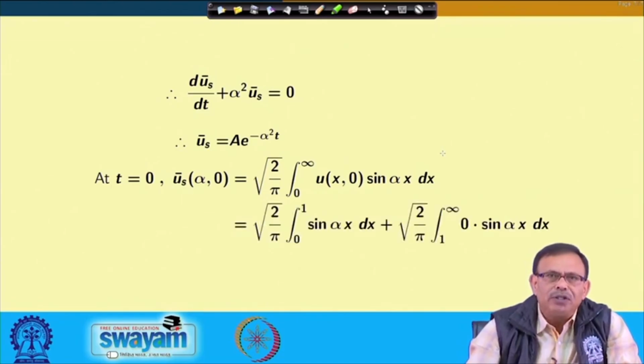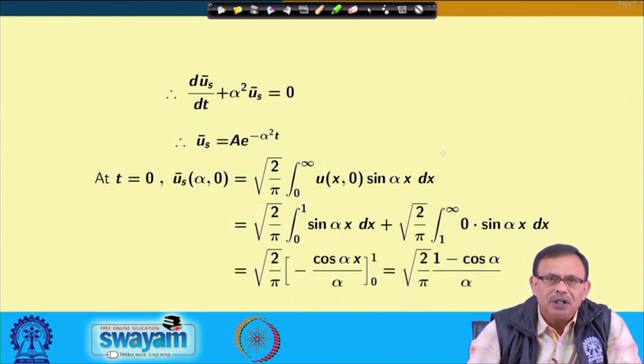And the function u x 0, we know what is the value. This is 1 whenever it is 0 to 1 and 1 to infinity it is 0. So, that second integral vanishes, and after evaluation we are getting u bar s alpha 0 as this function of alpha.